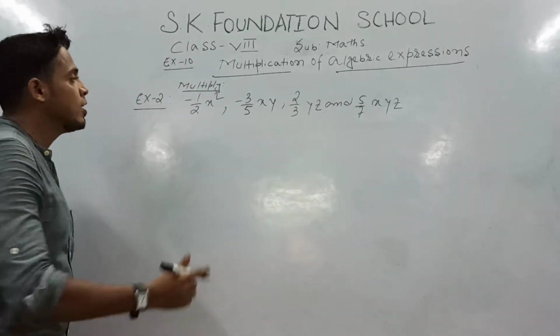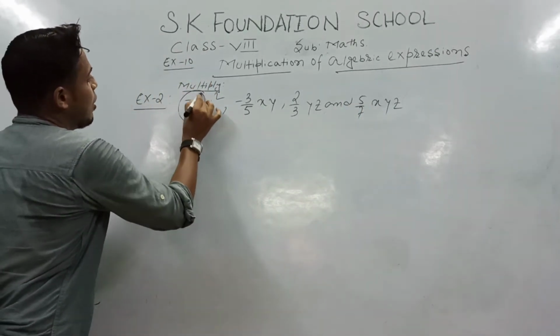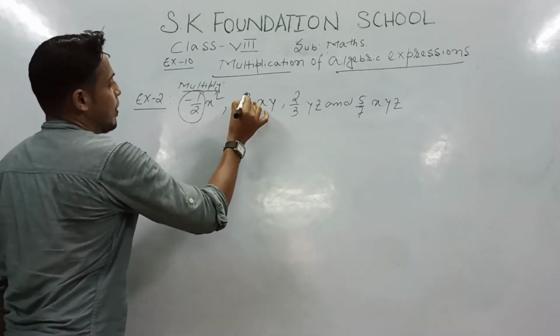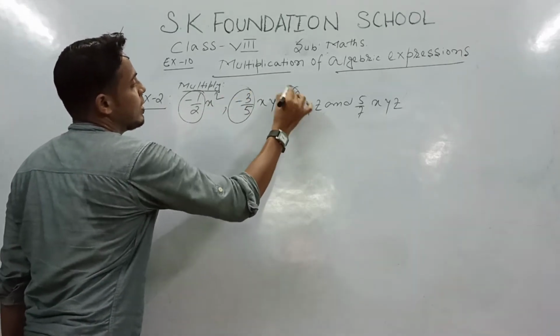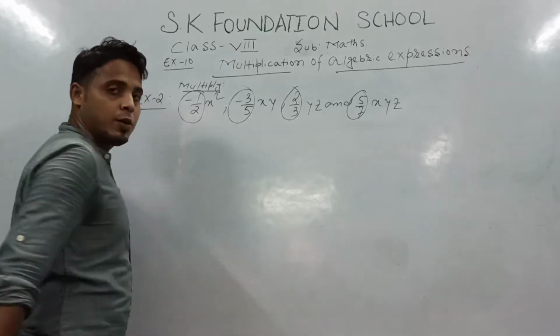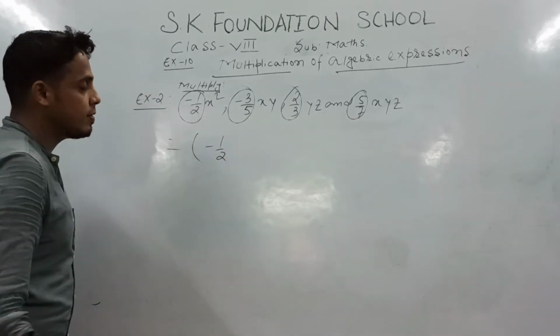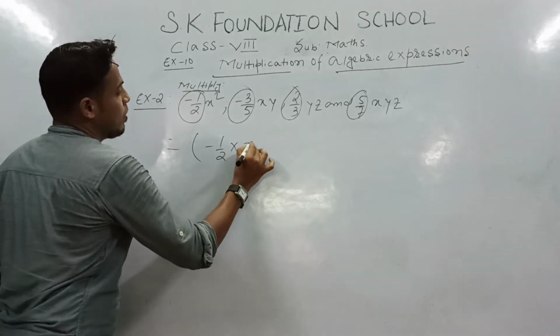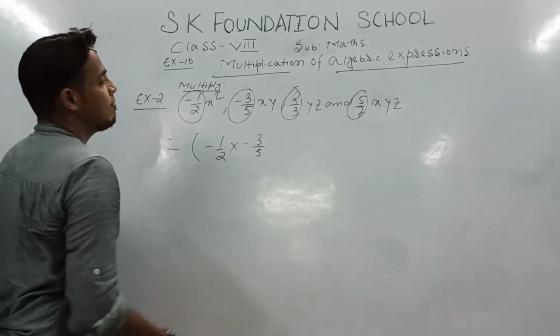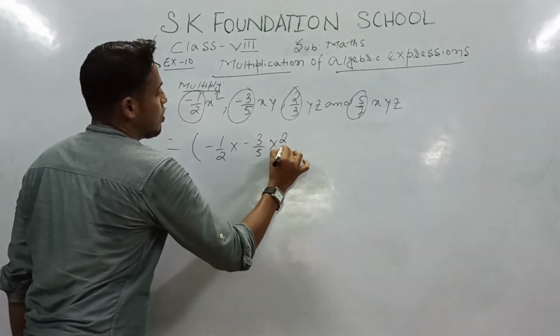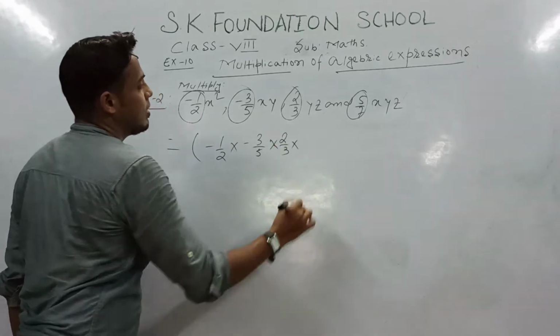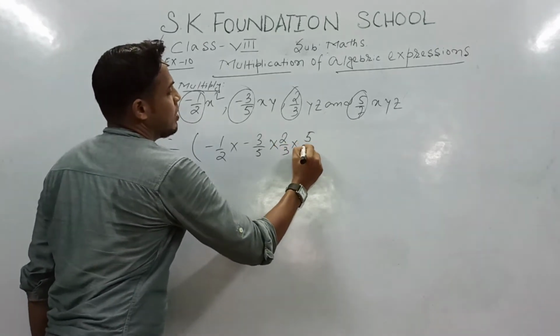Okay, so first we are going to multiply all the numerical coefficients: minus of, minus 3 by 5, 2 by 3 and 5 by 7. So in the first step, the numbers are minus of into minus 3 by 5 into 2 by 3 into 5 by 7.